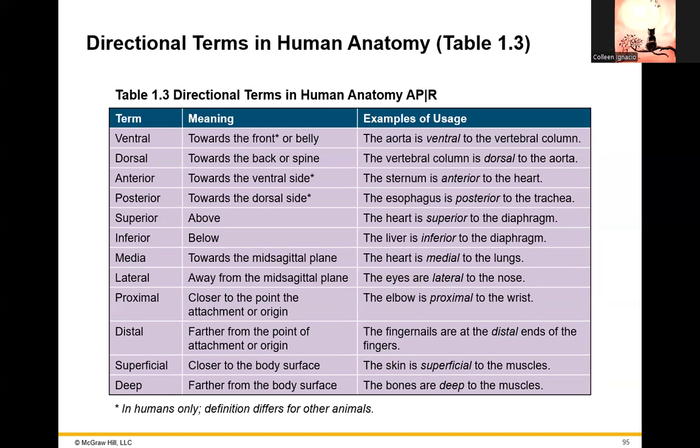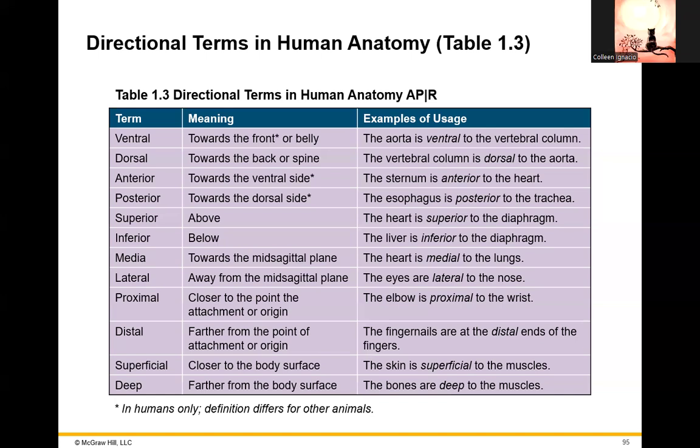So ventral and anterior go together, dorsal and posterior go together. Superior means above, inferior is below. Okay, medial or median is towards the mid-sagittal plane. Lateral is away from the mid-sagittal plane.